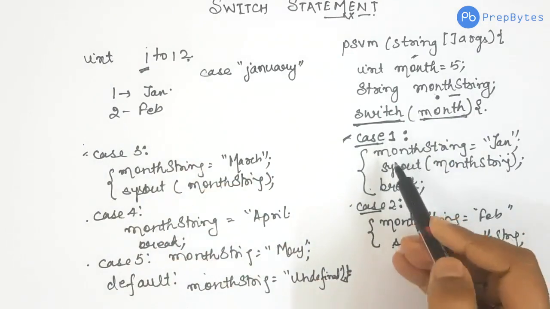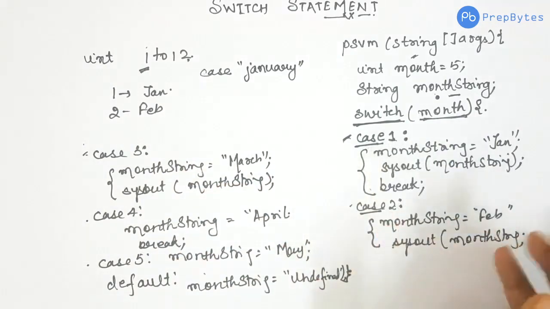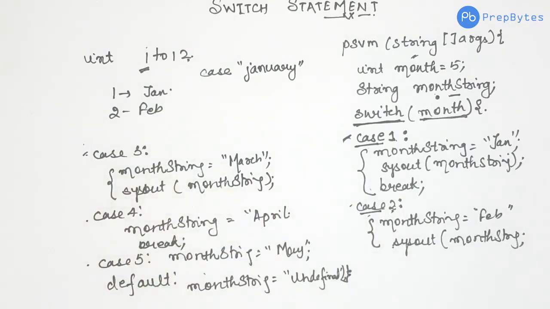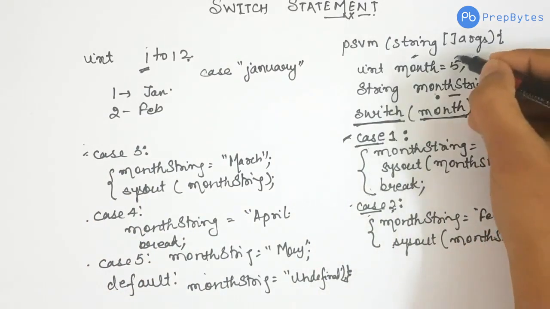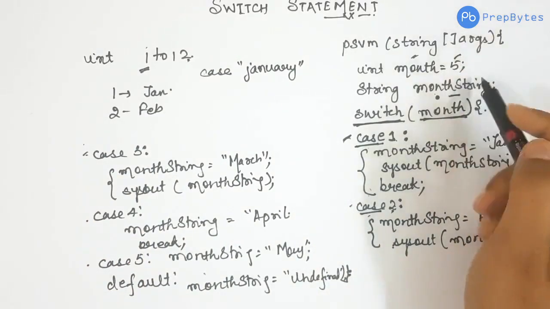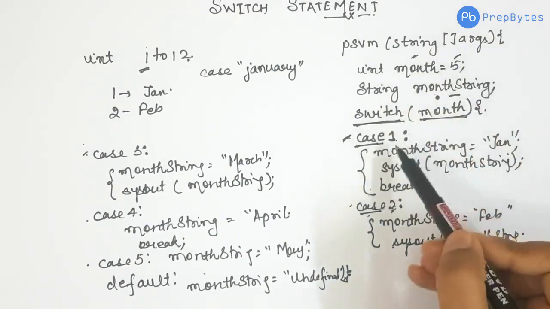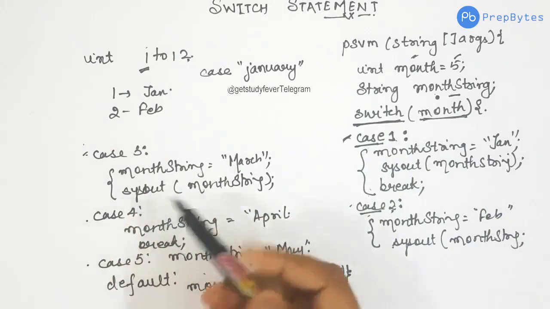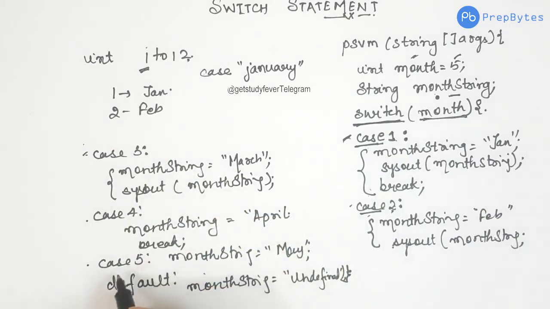Here we are considering an integer. So this is case 1, and then we have case 2, case 3, case 4, case 5. Now let's see how the execution goes. Here the value of month is checked. 1 is not the value, 2 is not the value, 3 is not the value, 4 is not the value, 5 is the value. So whatever statement comes under case 5 gets executed.